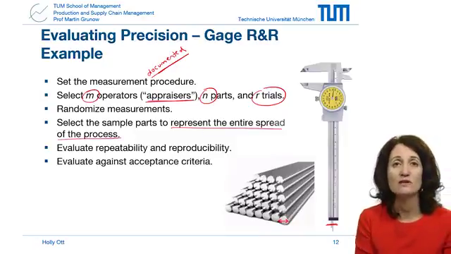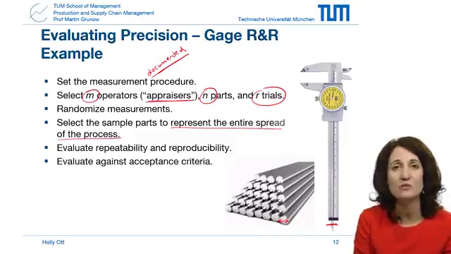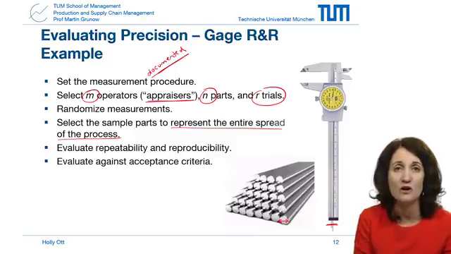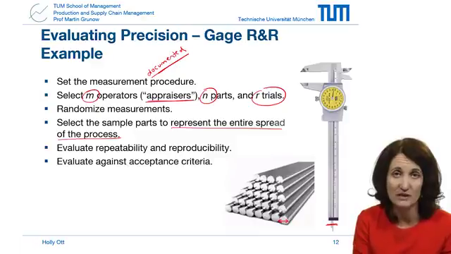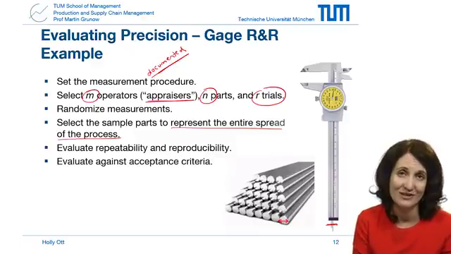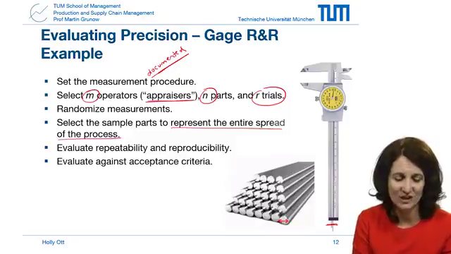Because if you don't do this, you're going to be comparing the error due to the equipment to the error due to the entire process spread. So you want to make sure that the sample parts are representative of the entire process. Otherwise, you may end up overstating your measurement error. And we'll see that a little bit later.